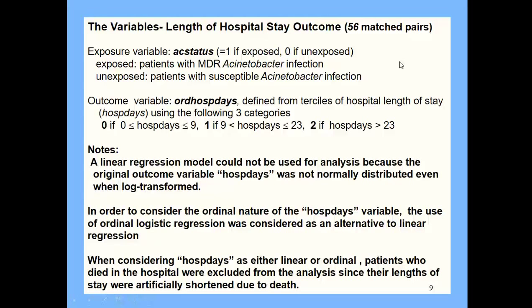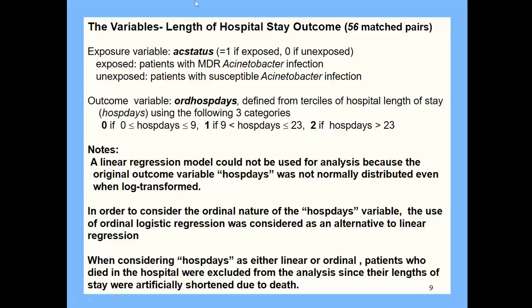So there were 112 people, right? 56 of them were resistant, another 56 were susceptible. They followed each of these 112 people through their hospital experience, following how long they stayed in the hospital. That's the outcome variable that I'm focusing on.